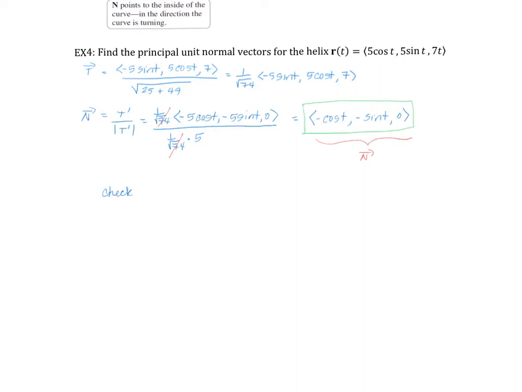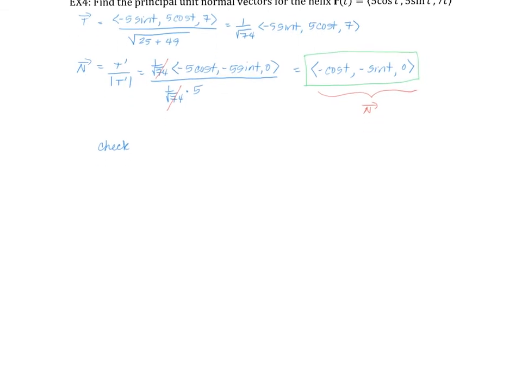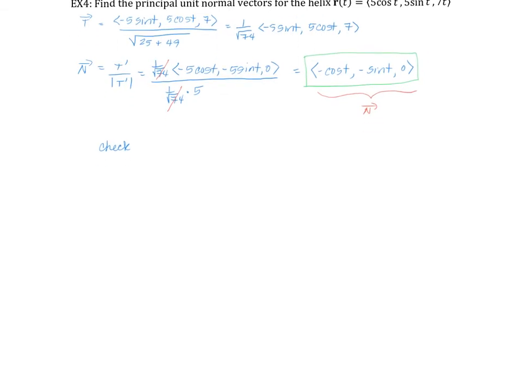to make sure that I got the right normal vector, all I have to do is dot product the tangent vector with the normal vector and see if I get 0. So my tangent vector is 1 over the square root of 74 times the vector negative 5 sine t, 5 cosine t, comma 7.